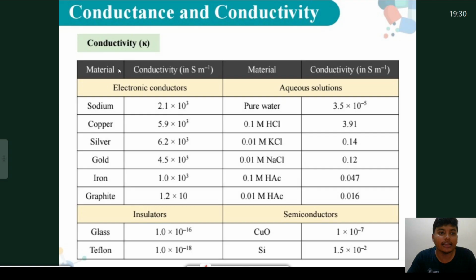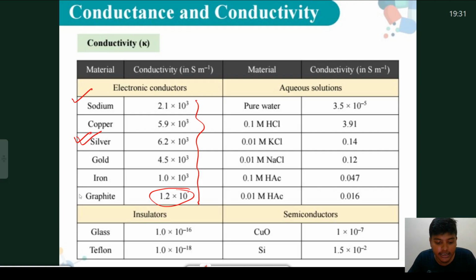Next, here you can see these are metals, like sodium metal. These are the kappa values, and they are very high. Whereas graphite is a conductor, but its value is 10 power 3, whereas this is only 12. Iron also 1,000. Sorry, the highest you can see is silver.